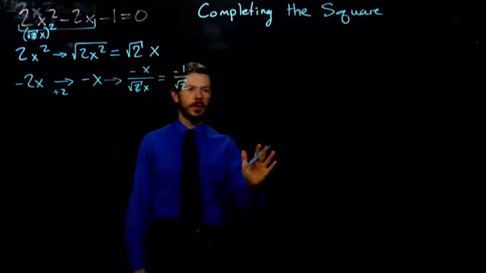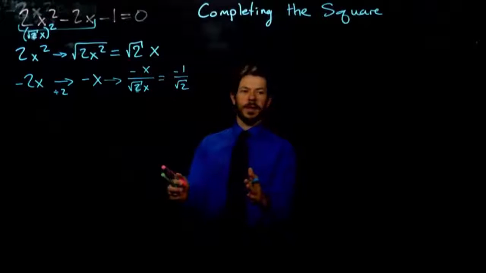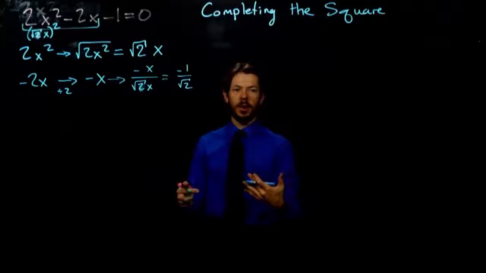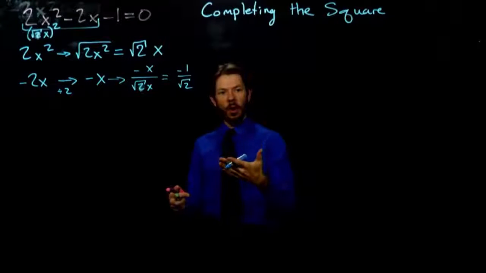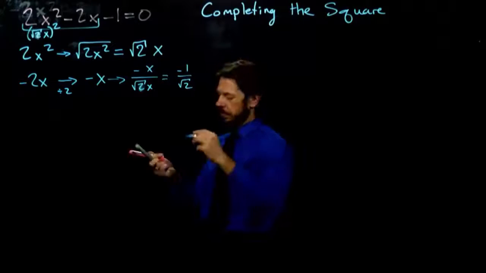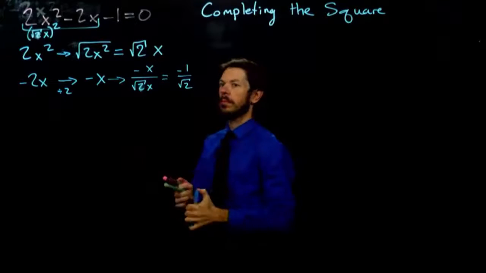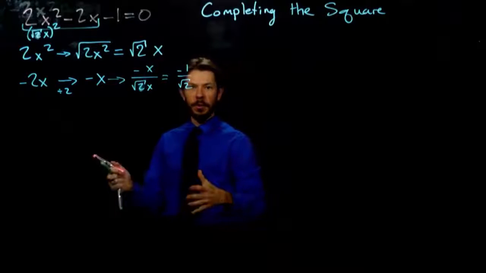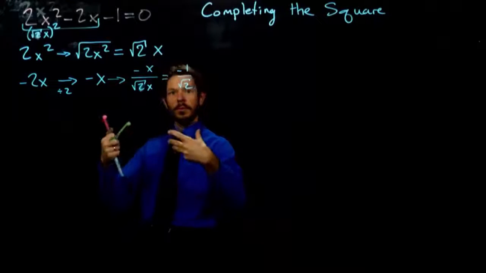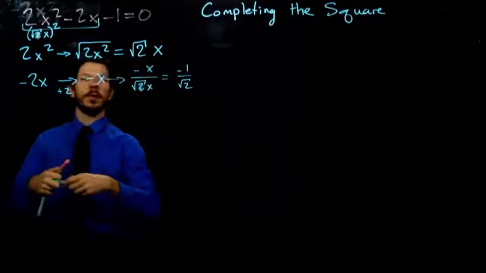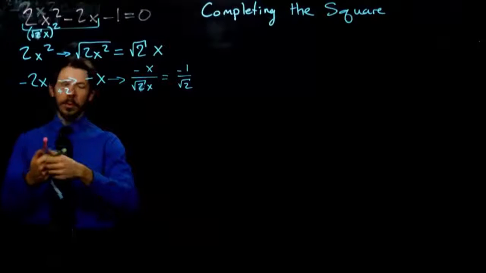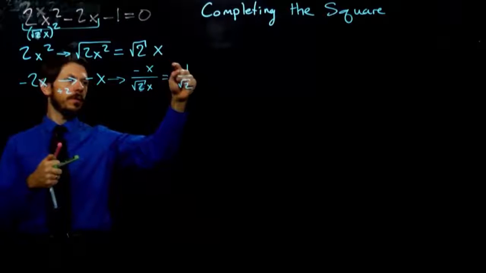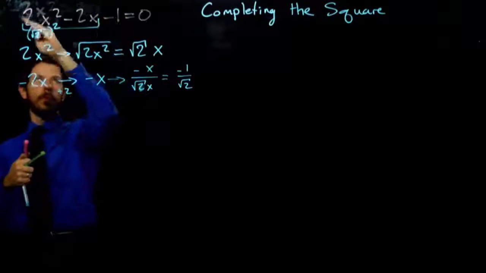I'm going to resist the urge to rationalize that denominator right away, and as we continue our problem, hopefully this will go away. So we have what we're thinking is going to be a perfect square right here. We think it should be this and this quantity squared.